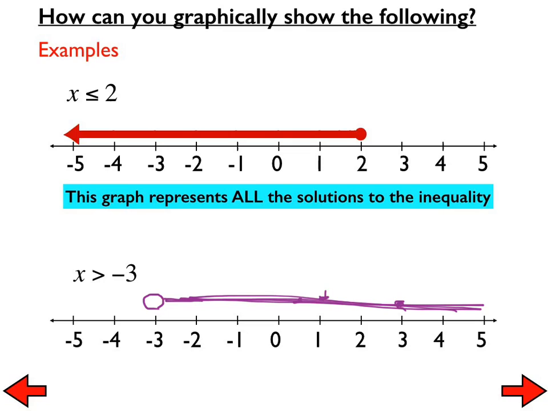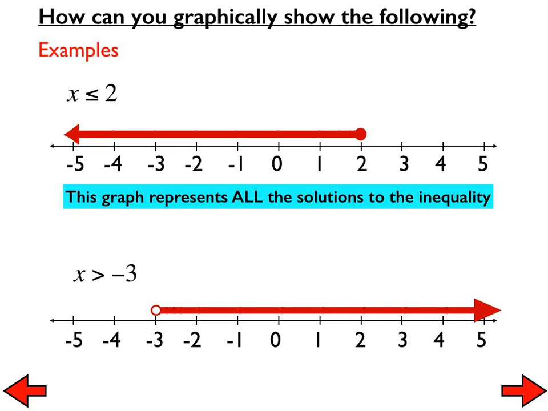That's how you determine the difference between an open circle and a closed circle. If we don't include the number, it's open. If we do include it, it is closed. So all of these numbers make a true statement for that inequality, all the way up to -3 but not including -3. That's what our graph should look like.